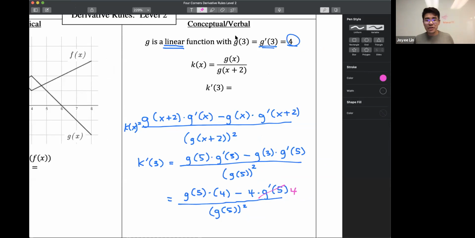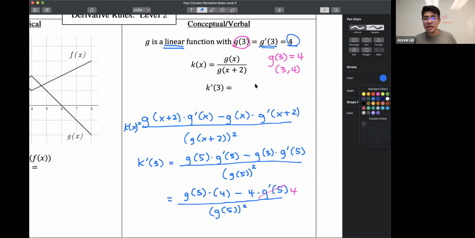Then how do we figure out this g of 5? Well, we can recreate our tangent line, right? We know that if g of 3 is equal to 4, then my coordinate on my graph is (3, 4). And then we can come up with my equation. I'm going to do my equation in Taylor form, since some of you are thinking about Taylor series right now.